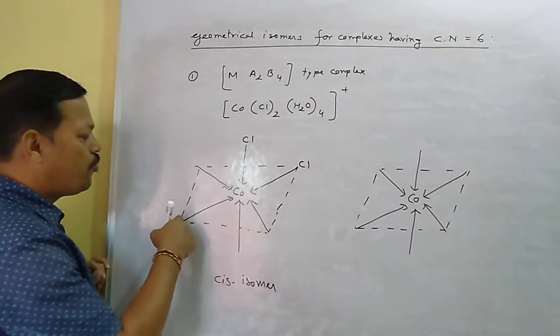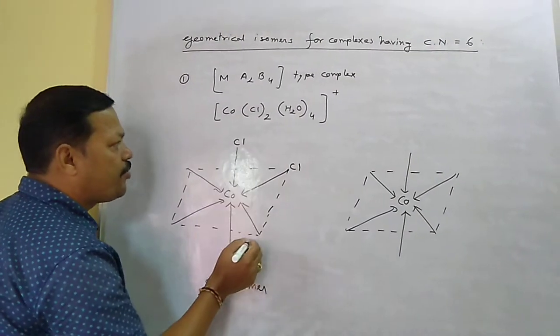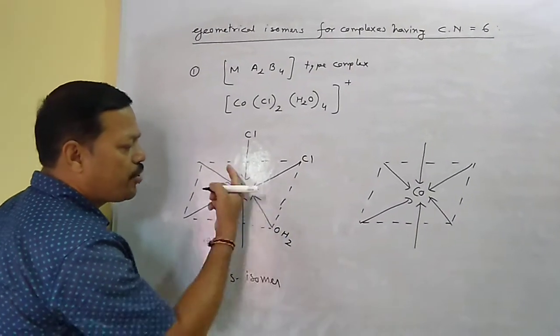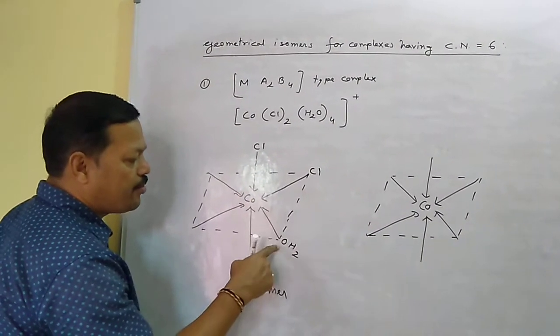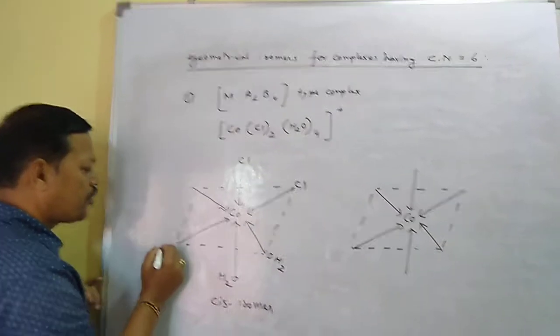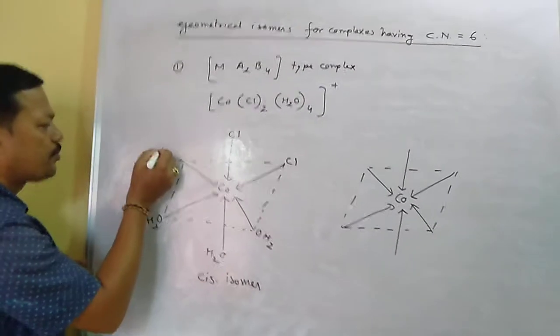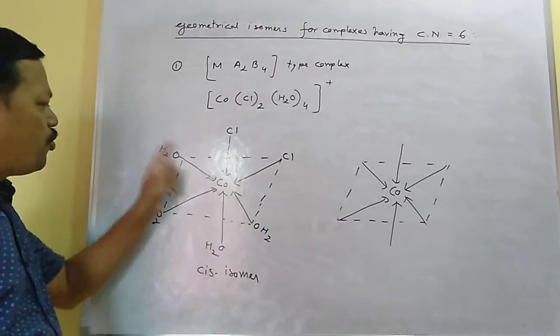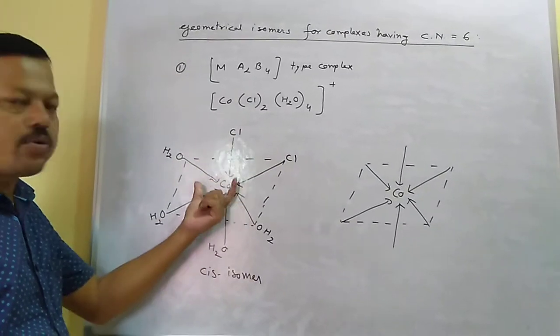And another 4 bonds will be formed by the water. This is one H2O. Oxygen donates the electron, that's why I have drawn oxygen here. This is one H2O, this is one H2O, H2O. So 4 water produce 4 bonds, and 2 chlorine produce 2 other bonds.